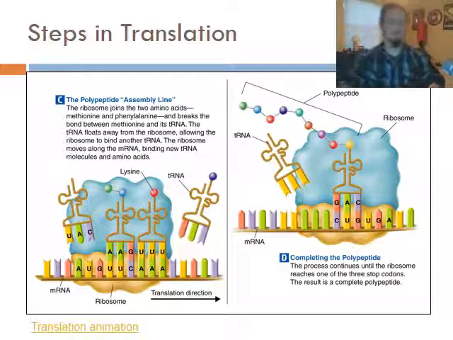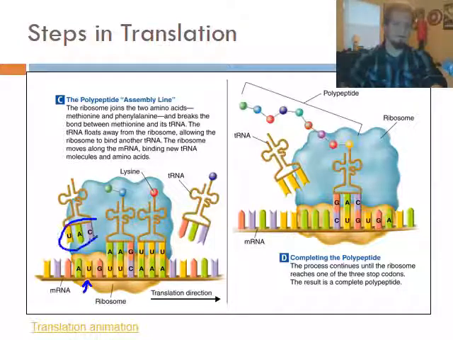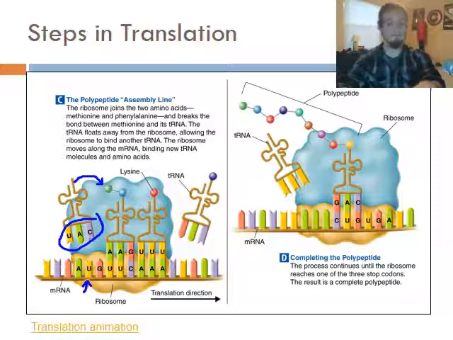So, like we said before, you can't really see that. Let's go with this. We have our start codon, AUG. The tRNA brings the anticodon, UAC, as well as the first amino acid. Once it bonds, it lets go of the amino acid and puts it inside the ribosome.